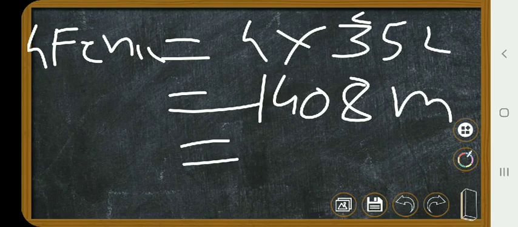Now we have to find the cost. This much fence is required, and per meter means for 1 meter they are going to charge 40 rupees.